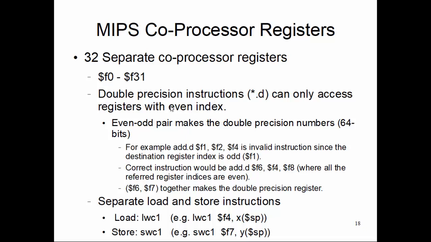The next one allowed is $f2, where it will access $f2 and $f3, then it can access $f4, where it will access both $f4 and $f5, and so on. So an even-odd pair makes a double precision number. Now there are separate load and store instructions: lwc1, which means load word into coprocessor 1, lwc2, load word into coprocessor 2, etc.